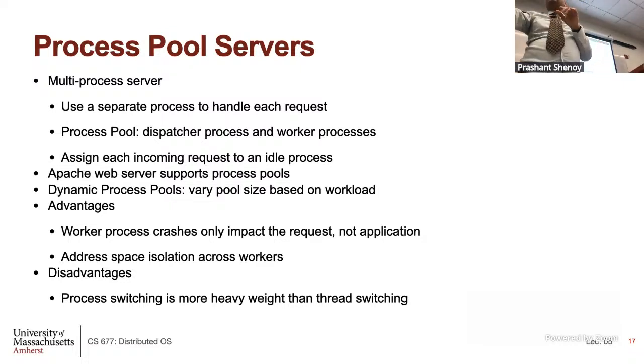So if that tab has some buggy code and hangs, your browser as a whole will continue to work. That tab might disappear, but the browser will not crash. But if all the threads were part of the same process, not a multi-process model, and one thread crashed because of some buggy JavaScript or code that you downloaded, your whole browser would hang or crash. So it gives robustness, which is why some applications use this model.